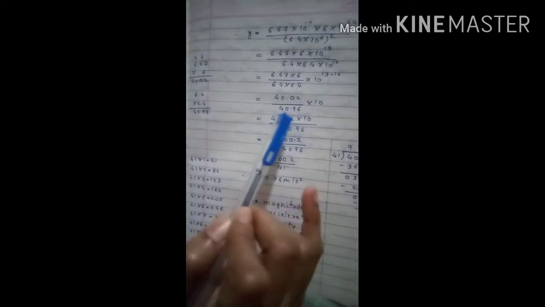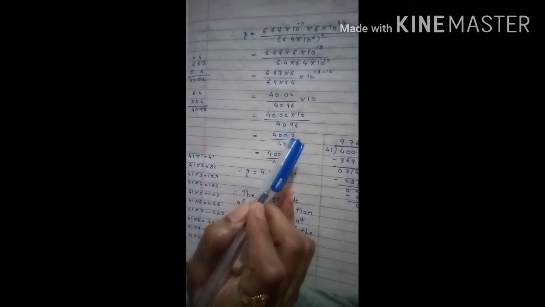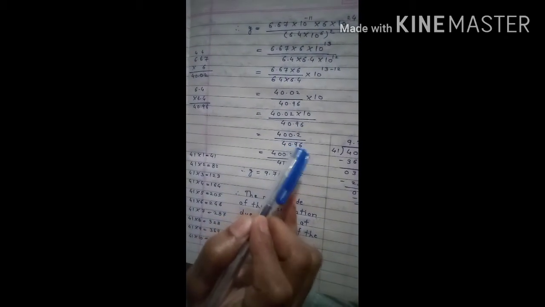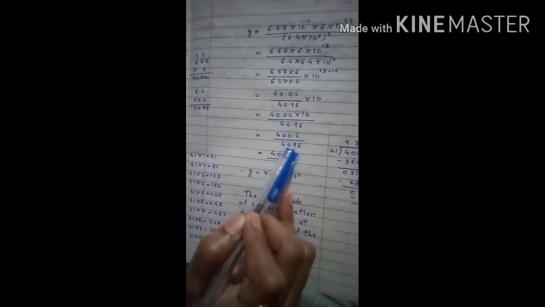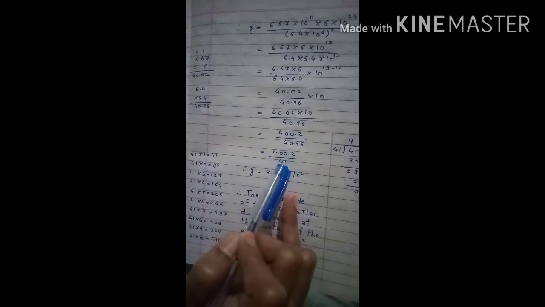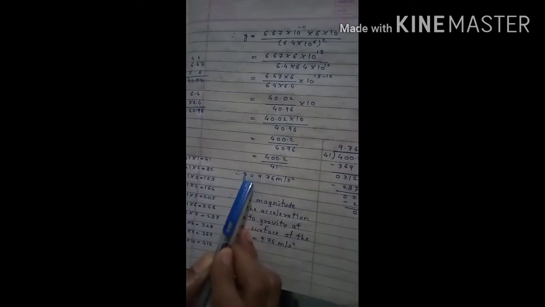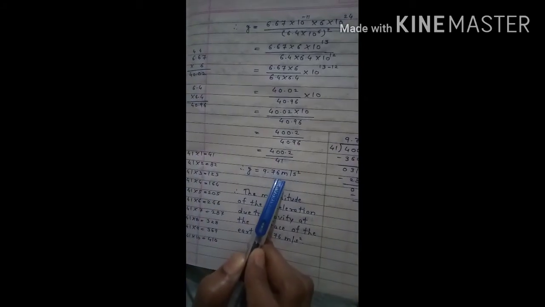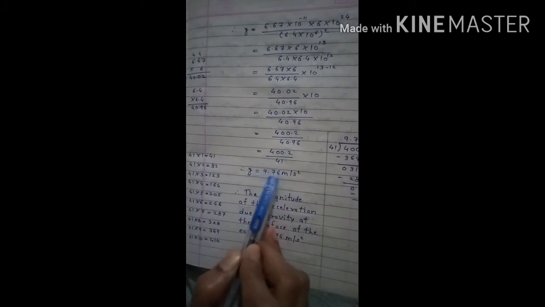Now this 10 will multiply to the numerator, it will become 400.2 upon 40.96. So instead of this 40.96, we will write 41. So therefore g is equal to 9.76 meter per second square. How did this value come, children?